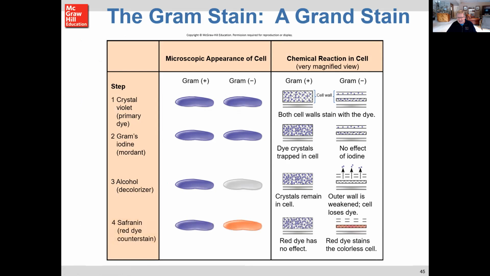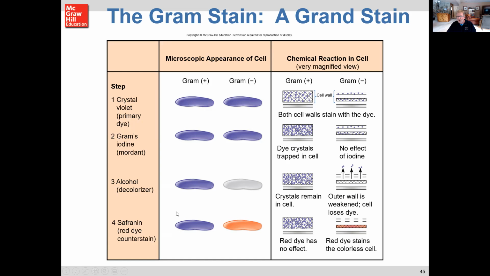And in the last step of the stain, where we add the counter stain called safranin to both cells, you'll note that the safranin has no effect at all on the gram-positive cell wall because it's already complexed tightly with the crystal violet. While the gram-negative cell wall, which had its crystal violet washed out, can now retain that safranin in a part of its thin cell wall.